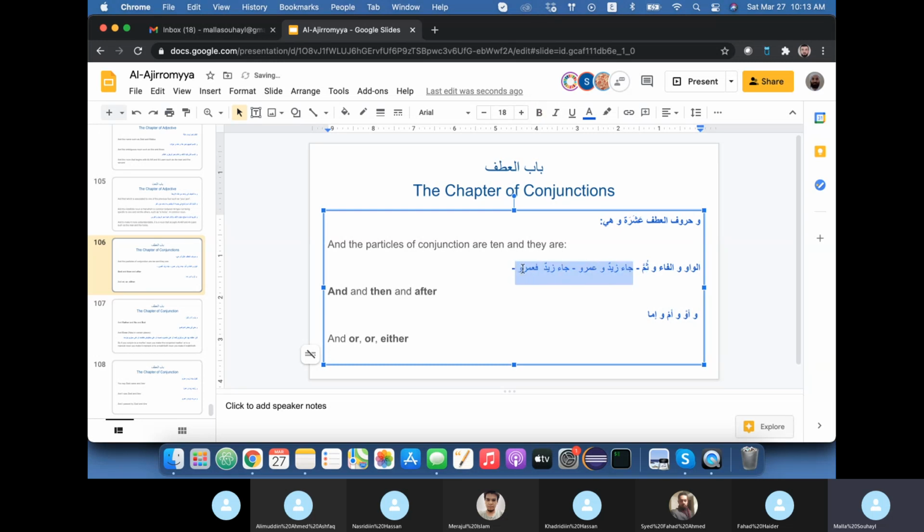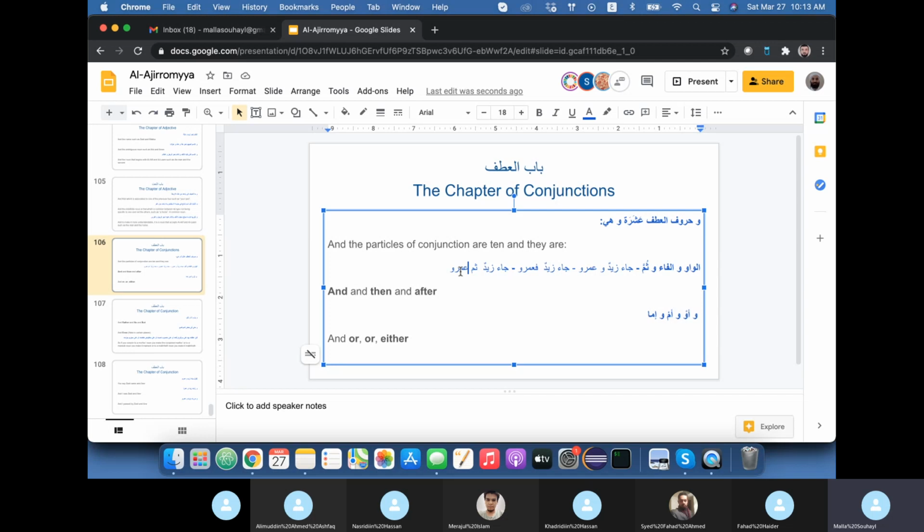So you would say the same thing. You would just put جاء زيد, and then instead of that you would put ثم عمرو, right? And then in English I've translated it as after, so if I was to translate this to English, I would say Amr came after Zayd.